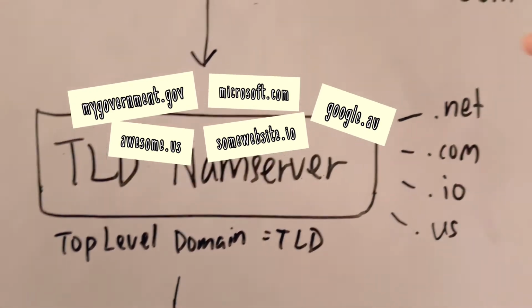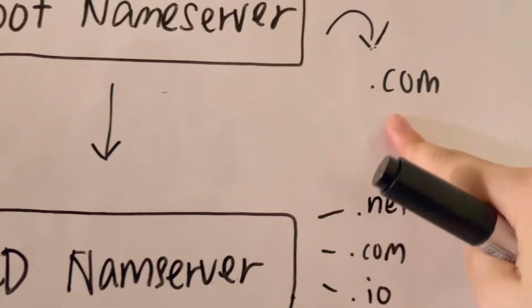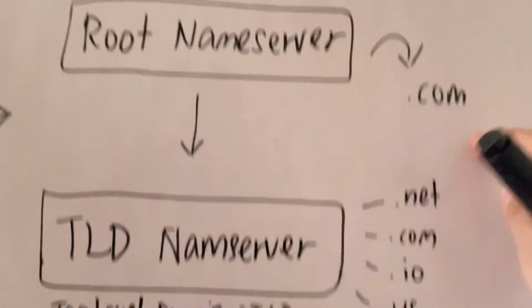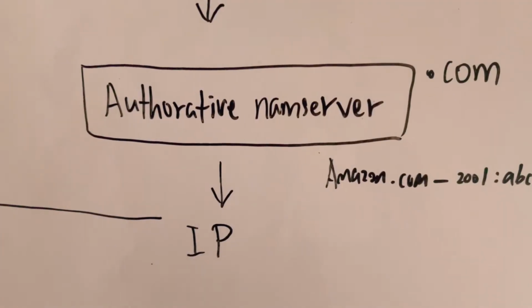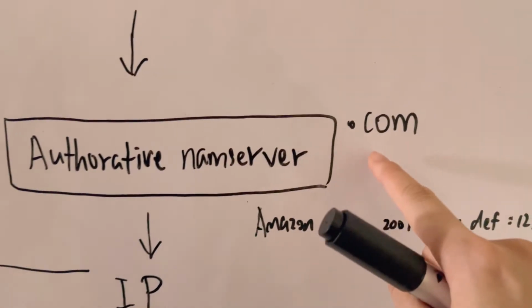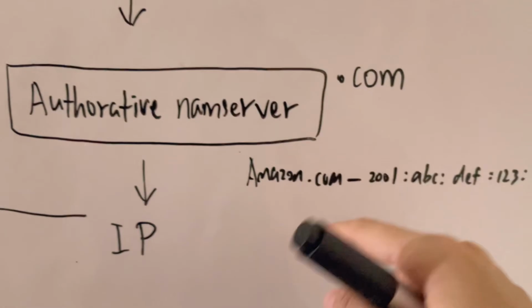Since you have .com as the root, it will spit out all of the URLs that contain .com to here. So this is the name server that contains all of the URLs with the root of .com. So keep looking for Amazon.com.